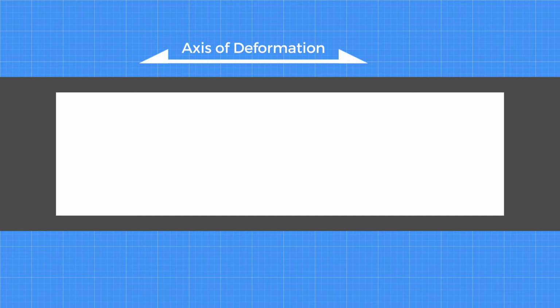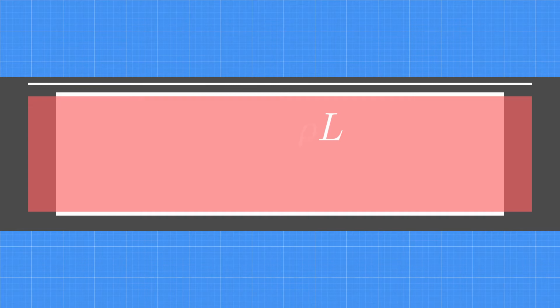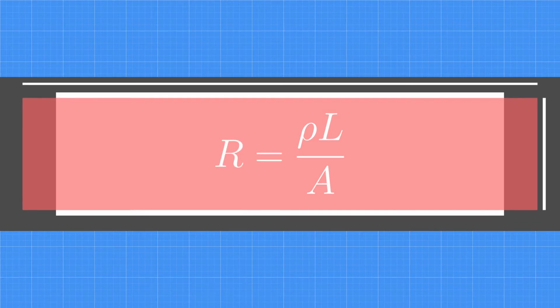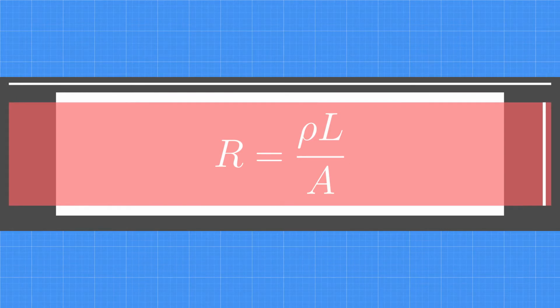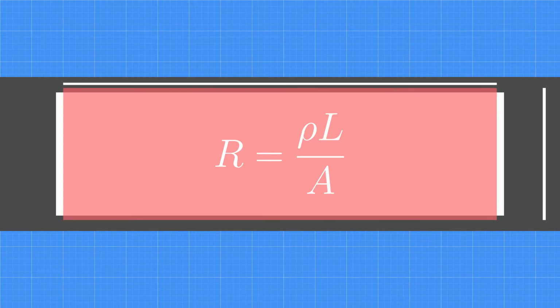At the microscopic scale, this deformation changes the width and length of the foil inside the gauge. This change in length, multiplied by the resistivity of the gauge's metal, divided by the cross-sectional area of the wire, equals the resistance of the wire. As more tension is applied, more stress causes more deformation, which then causes higher resistance. Strain gauges can work both ways as well, with compression yielding lower resistance.